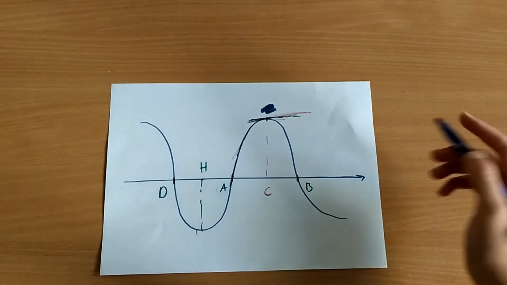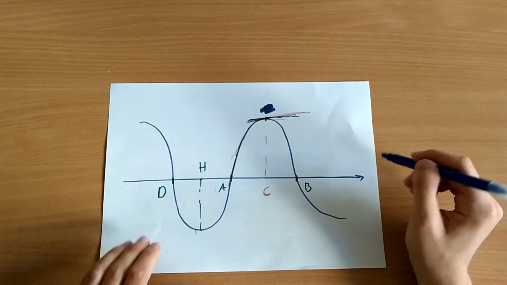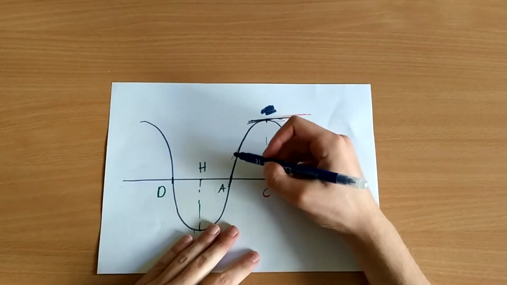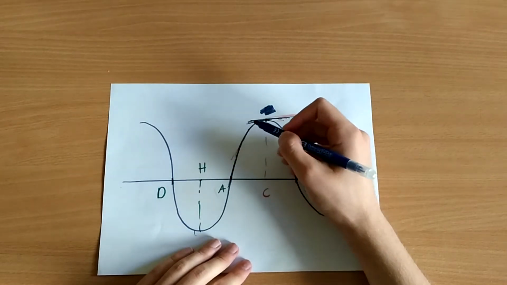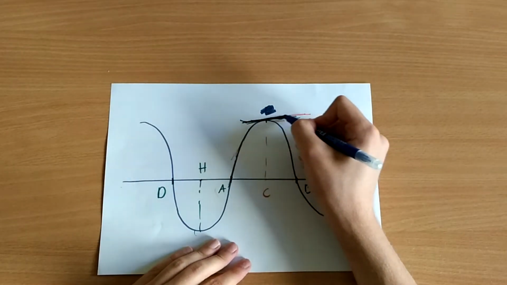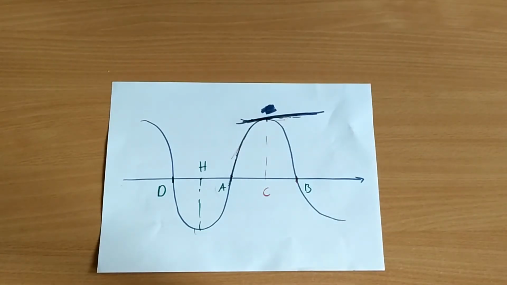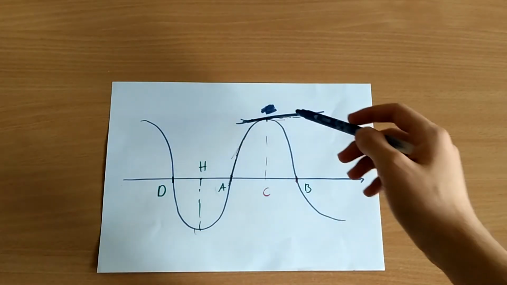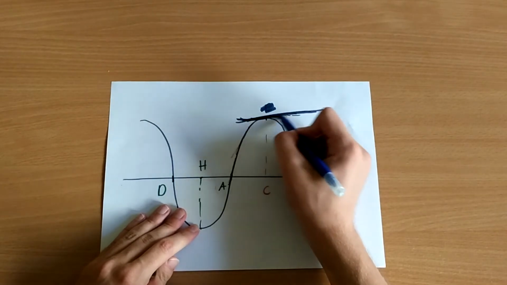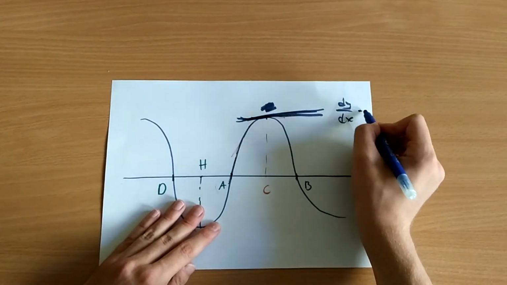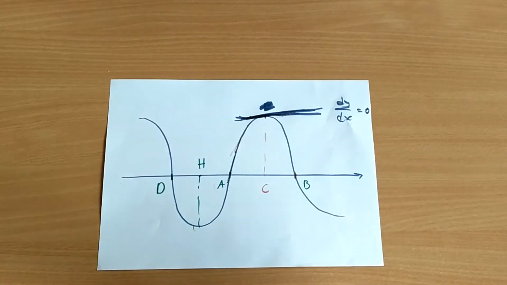Now here, since on the interval from A to C the first derivative is positive, you can see that it becomes less and less positive until it comes to the maximum point where the derivative is 0, since the slope of the function is 0, right? So dy over dx is equal to 0.